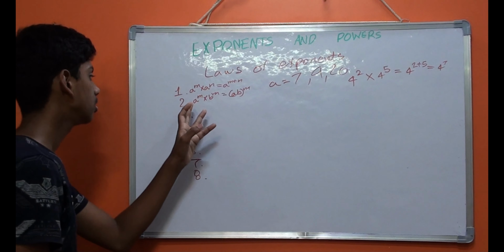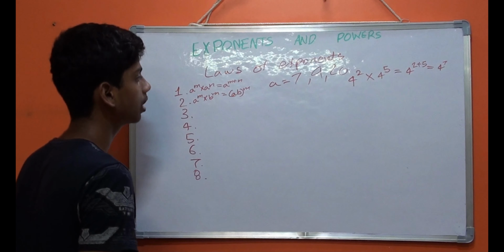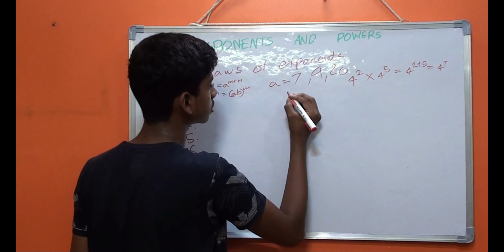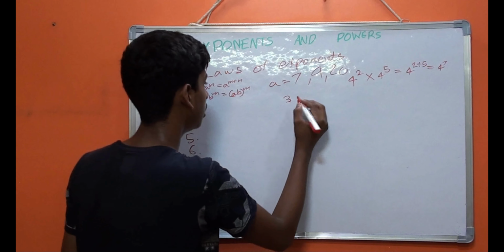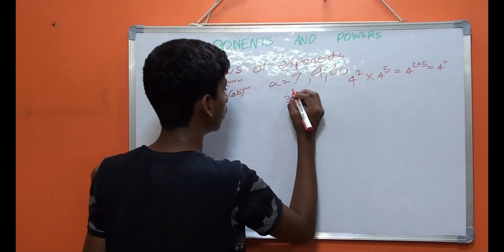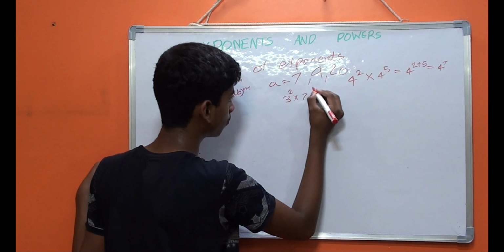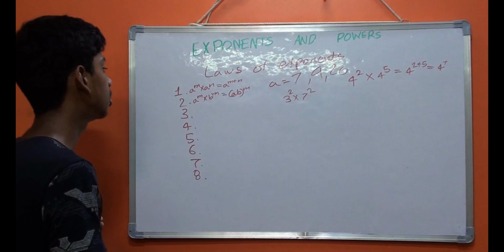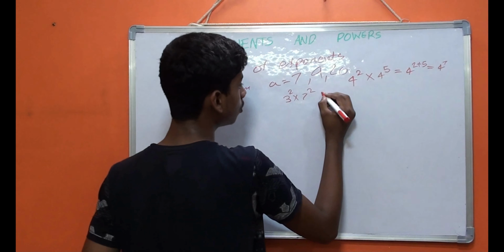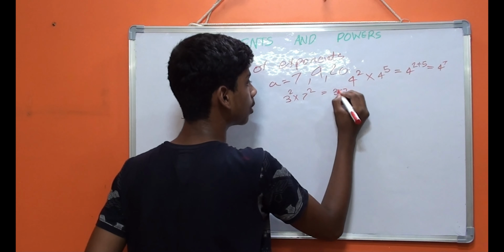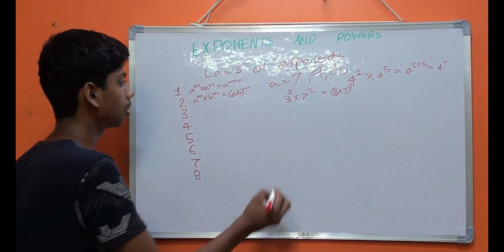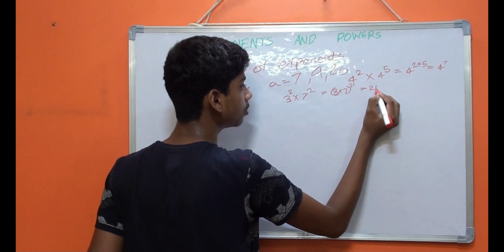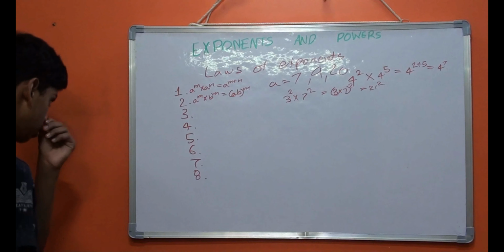Now let's see it with an example. We'll take a as 3, b as 7, and m as 2. So 3 power 2 into 7 power 2 equals 3 into 7 whole power 2. Now this equals 21 power 2.